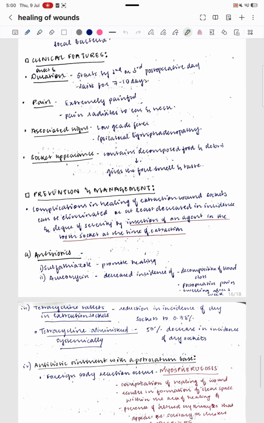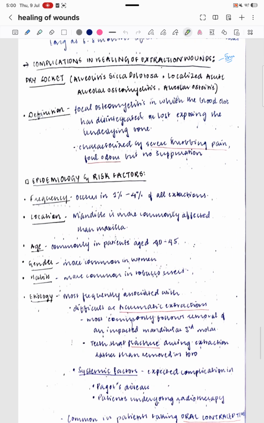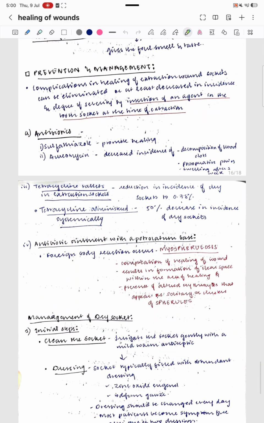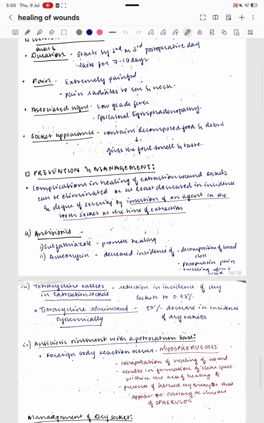So the basic clinical features: there is severe throbbing pain on the side where the extraction was done, which radiates to the ear and neck, followed by foul odor and food debris in the extraction socket, along with low grade fever and ipsilateral lymphadenopathy.